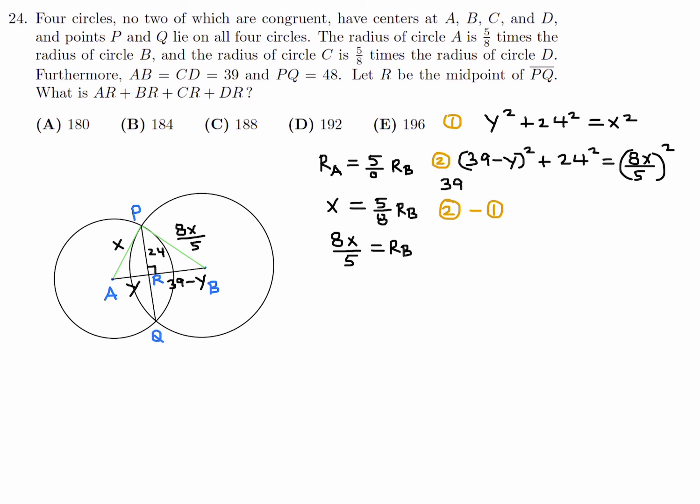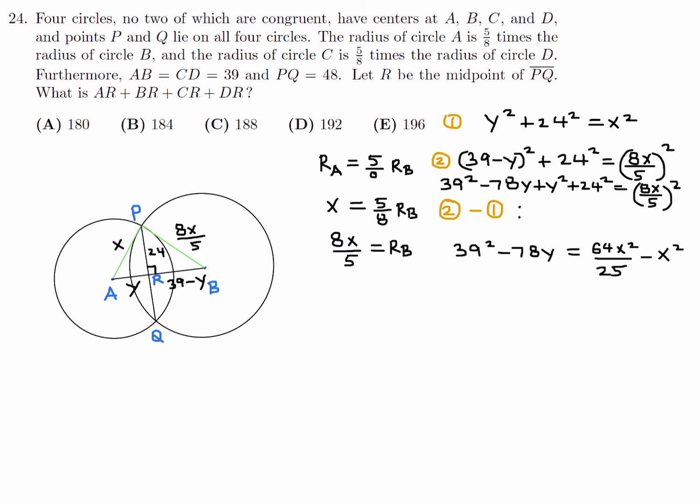This is going to be 39 squared minus 78y plus y squared plus 24 squared is equal to 8x over 5 all squared. Okay, now I can do 2 minus 1. And when I do, all I'm left with is 39 squared minus 78y. And on this side, it will be 64x squared over 25 minus x squared.